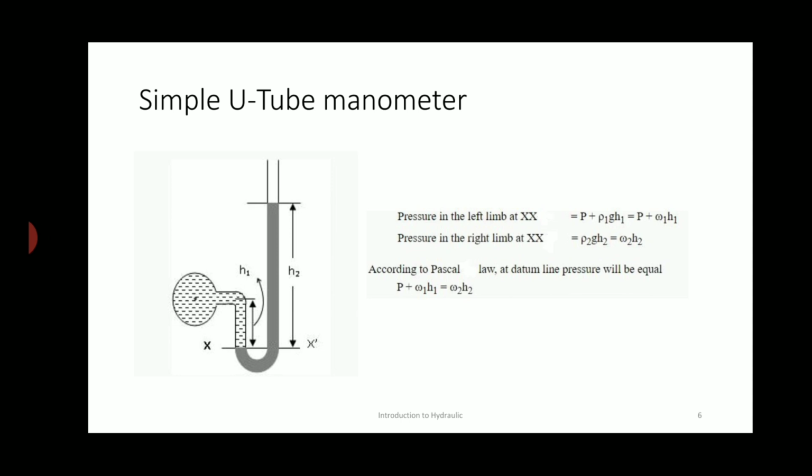According to Pascal's law, at datum line pressure will be equal, and it is given by P plus omega 1 H1 is equals to omega 2 H2, where P is intensity of pressure, omega 1 is weight density of liquid, H1 is height in left limb, omega 2 is weight density of mercury, and H2 is height in right limb.